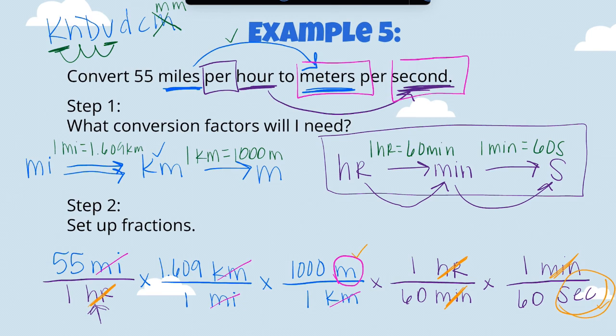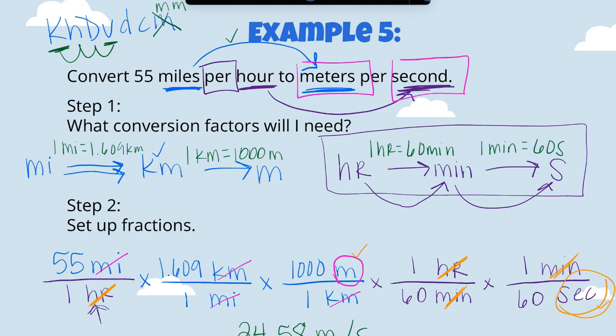Now, if you plug it into your calculator correctly, you're going to get 24.58 in your calculator. And my unit is meters per second. If you didn't get that, you didn't plug it into your calculator correctly, so ask for some help.